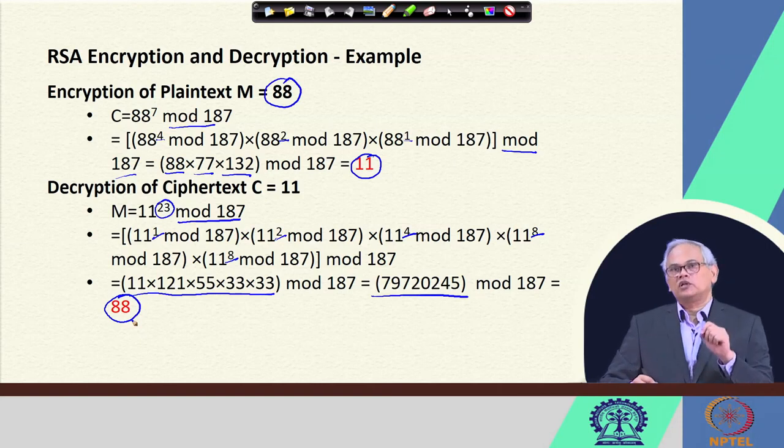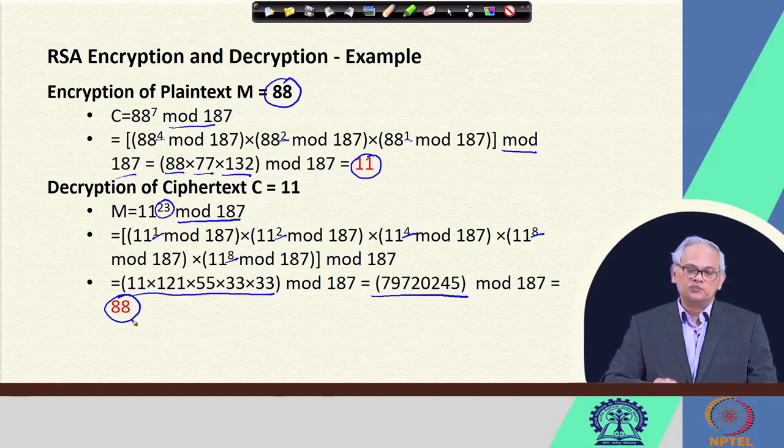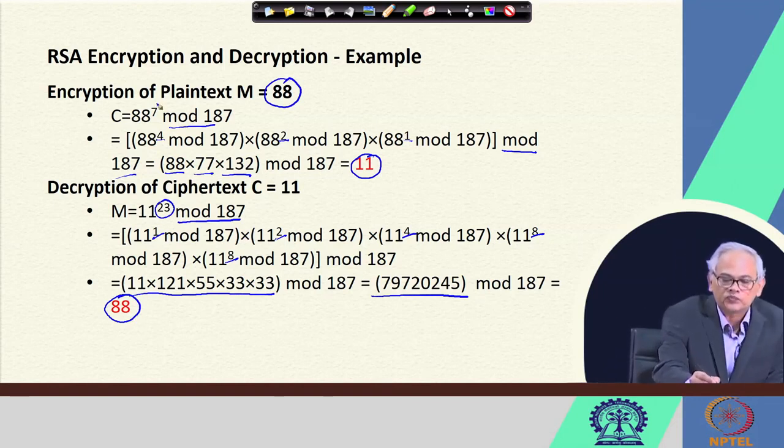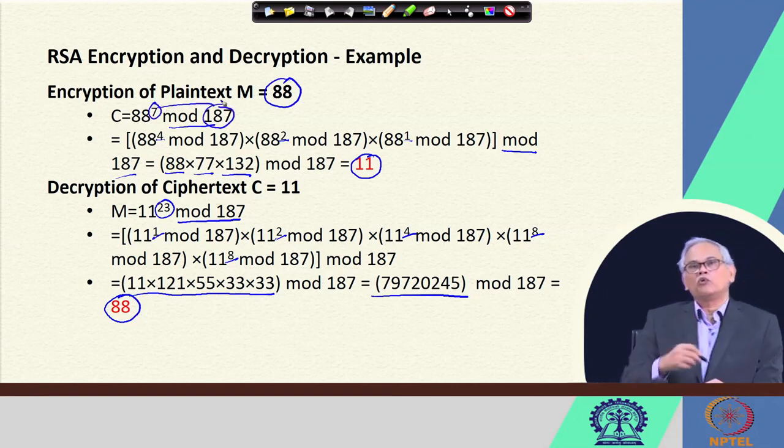Also remember, as we had mentioned before, that if this plain text 88 was encrypted by this 23 and 187, this combination, then whatever we would have got as a cipher text, and then if we applied the decryption process on that cipher text using this key of 7 and 187, this pair, we also would have got back the result.